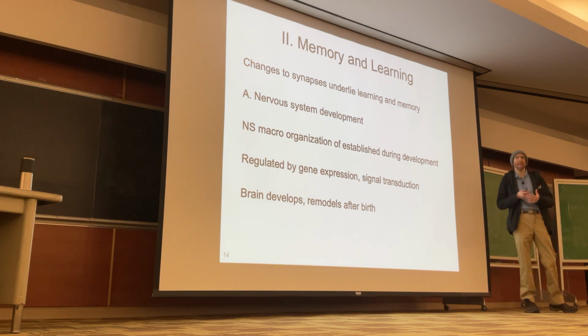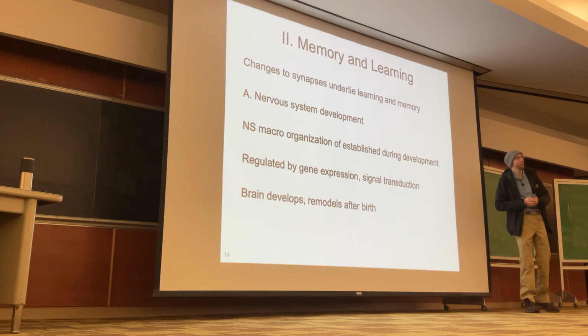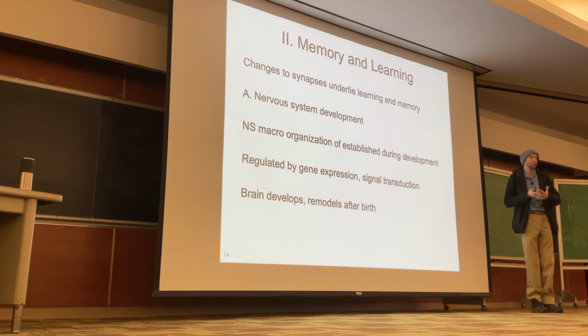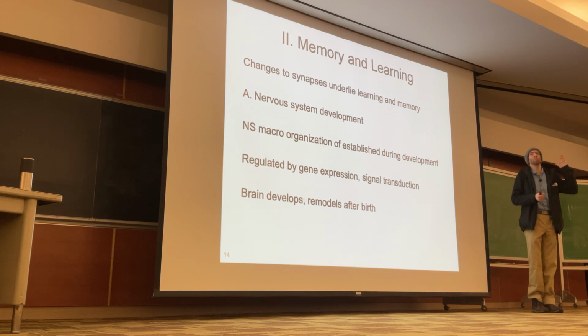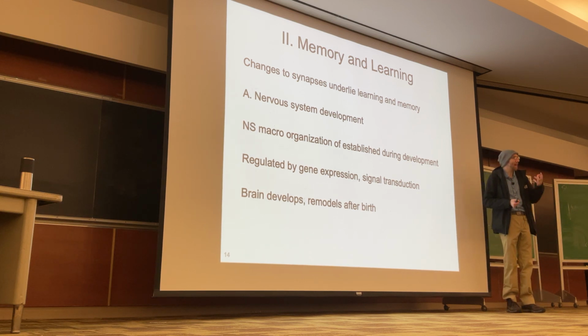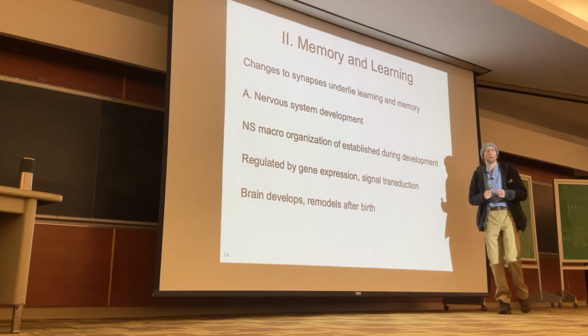It's extremely dynamic. And it's a little bit counterintuitive because I'm sure most if not all of you know that your central nervous system doesn't regenerate, right? So you don't grow new neurons over the course of your life. But it's still a highly dynamic system, and that's all about the connections between the neurons that are there.